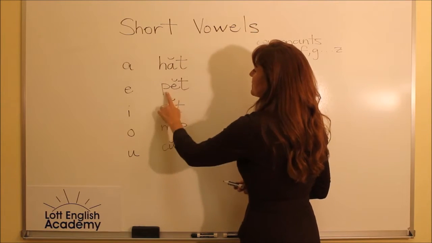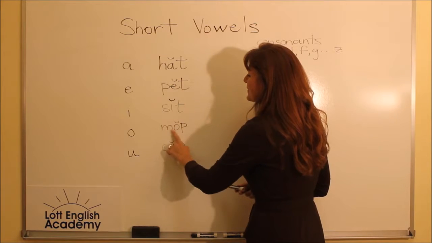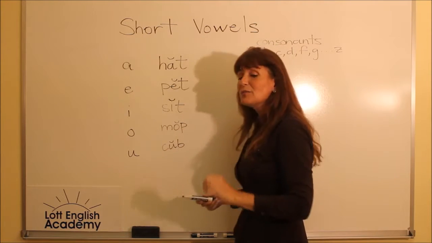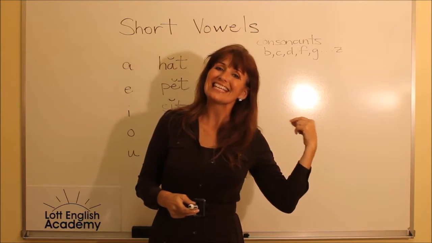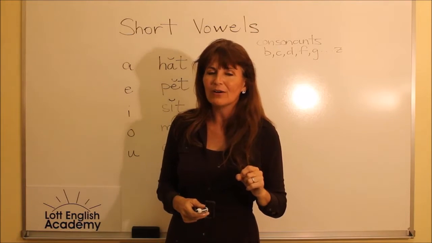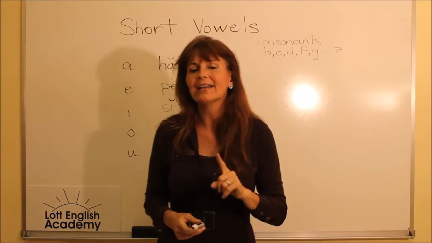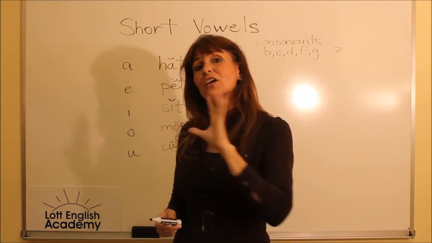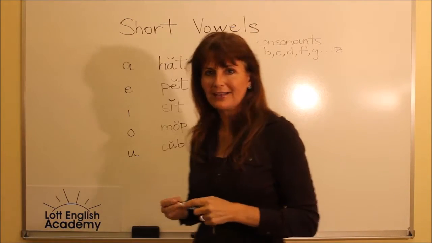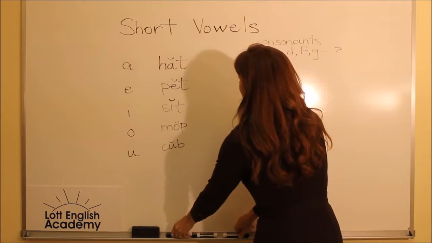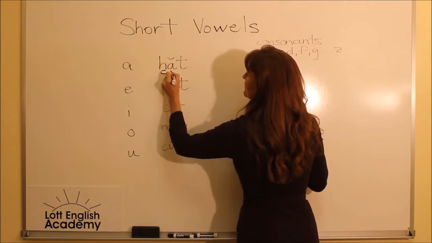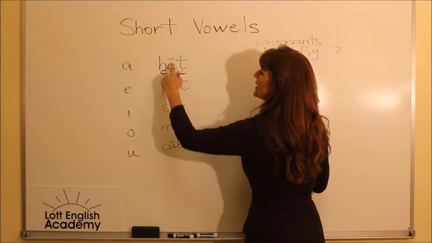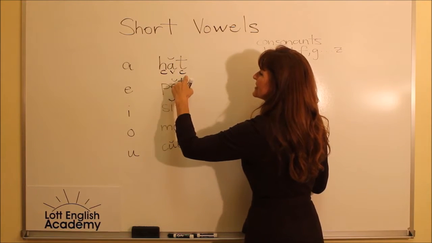Now, in a previous video, we talked about how if you have consonant, vowel, consonant plus E, it's a long vowel. And I want to show you that in comparison to these words, just to show you a little bit of contrast. Let's look at this here. This word, consonant, vowel, consonant, is short A, hat.